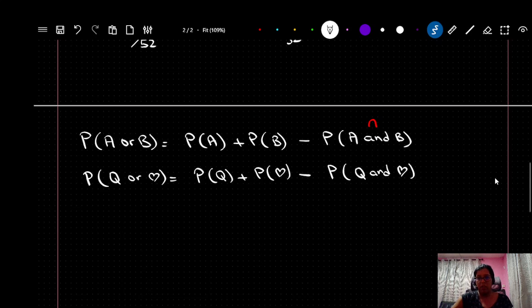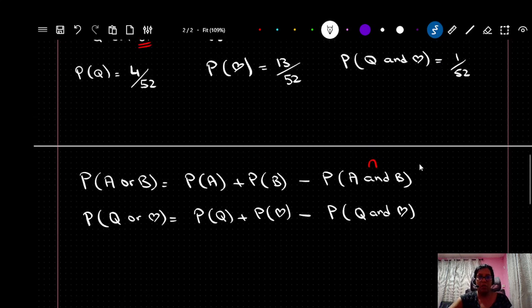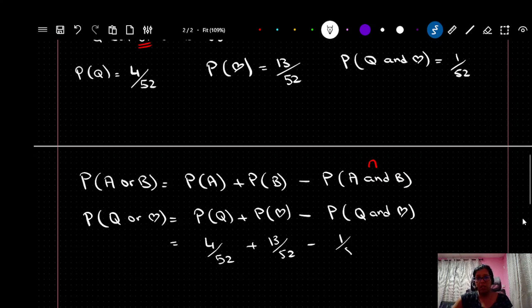And we already have all the figures above, right? So we can just replace them. The probability of having a queen is 4 over 52 plus the probability of having a heart, 13 over 52, minus the probability of having a queen and a heart, which is minus 1 over 52.